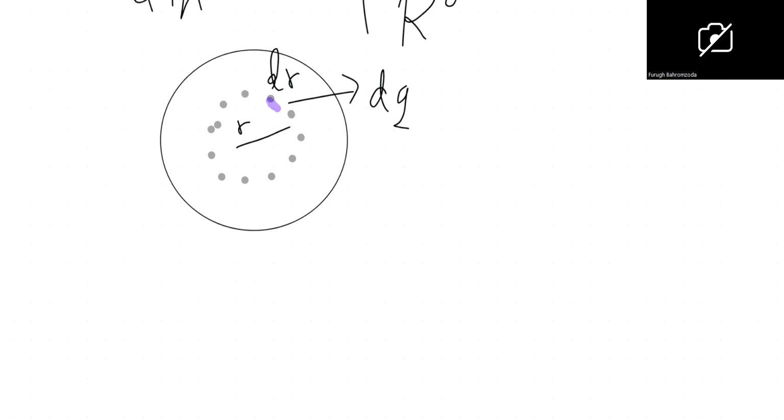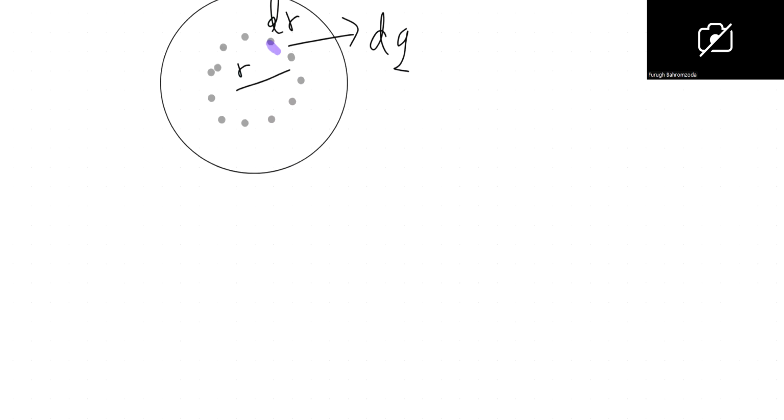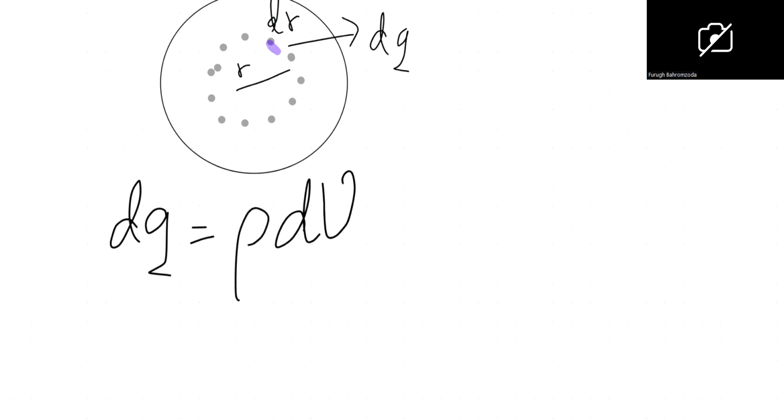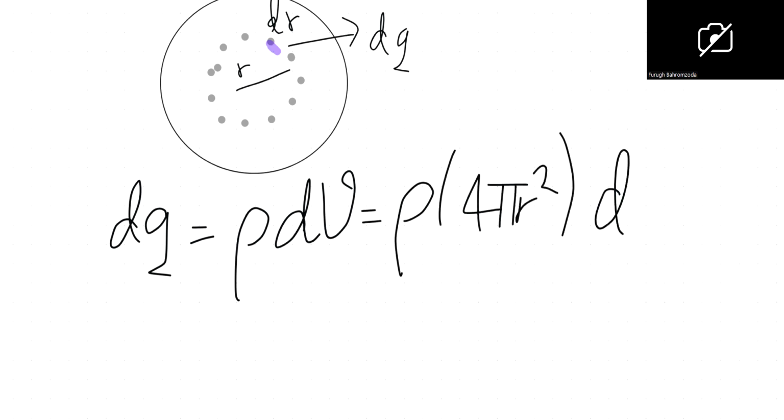So thus dq equals density multiplied by the differential of volume, which is the charge density multiplied by 4 pi r squared, the area, multiplied by dr, which we chose as a small width in the shell.